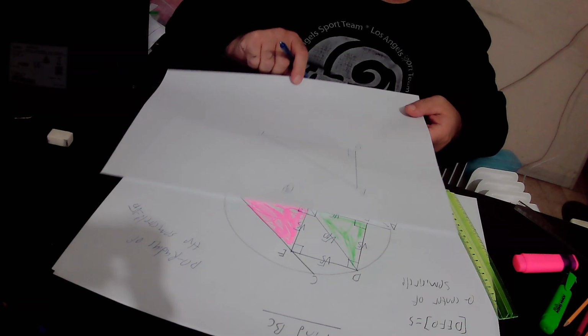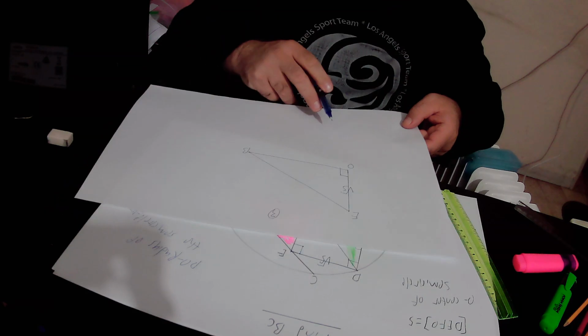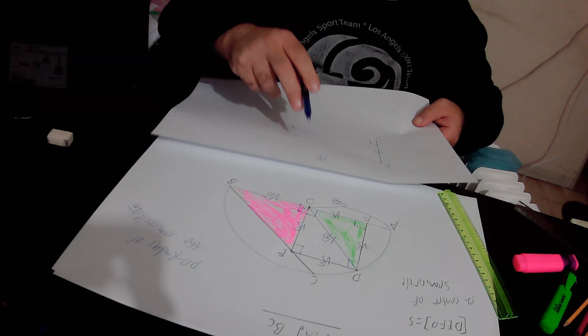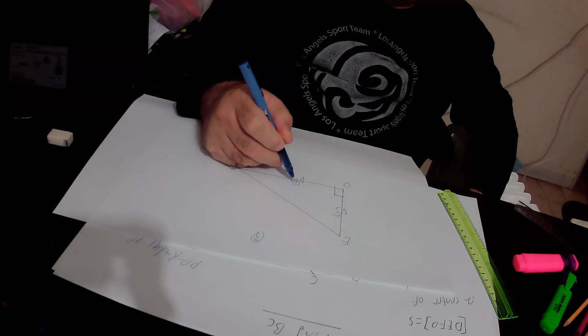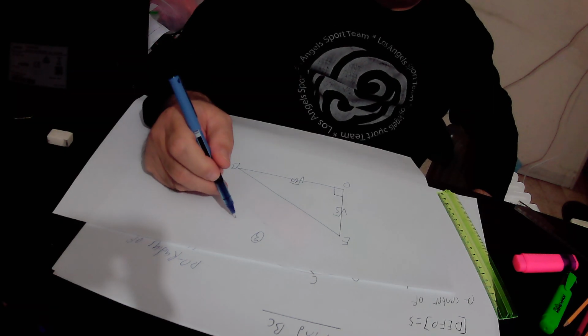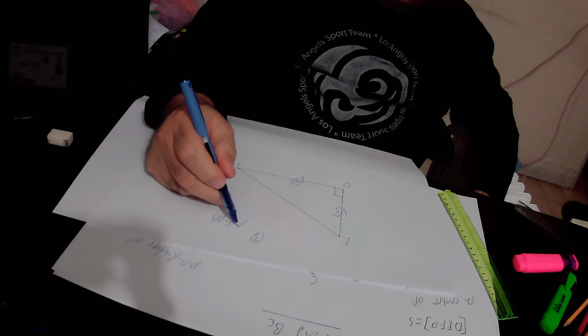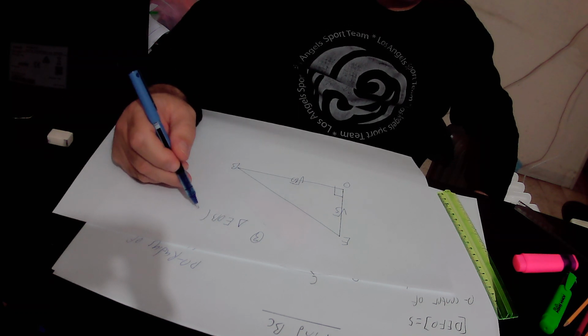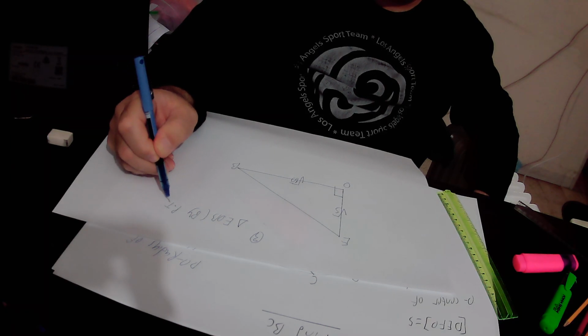We have already found out that EO equals the square root of 5 units, and OB, that is the radius of the semicircle, equals the square root of 10 units. So in the right triangle EOB, we will implement the Pythagoras theorem. Here PT is the expression for Pythagoras theorem.